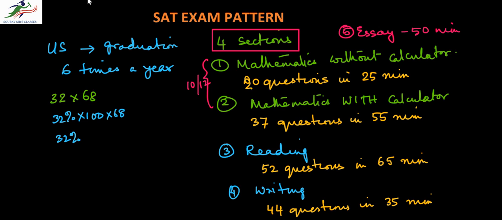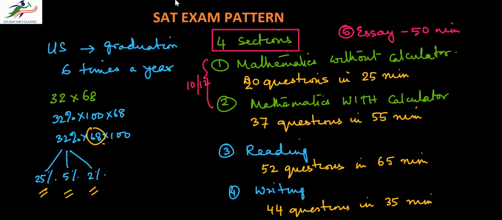That is 32% into 68 into 100. This also I don't need to write. And mentally I can break up 32% into 3 parts: 25%, 5%, and 2%. And I know that 25% means 1/4, 5% means half of 10%, and 2% means twice of 1%. So this is the concept that I'll use.